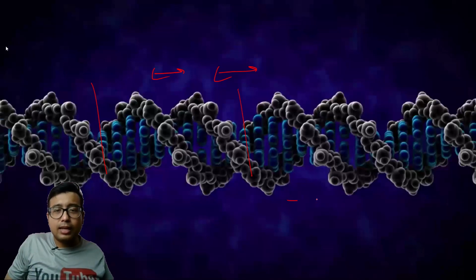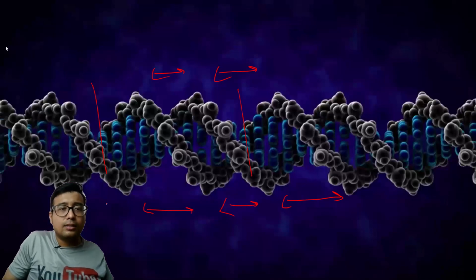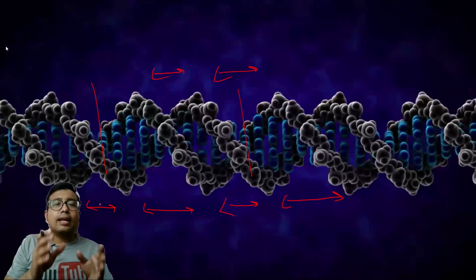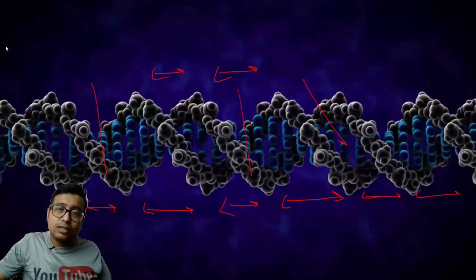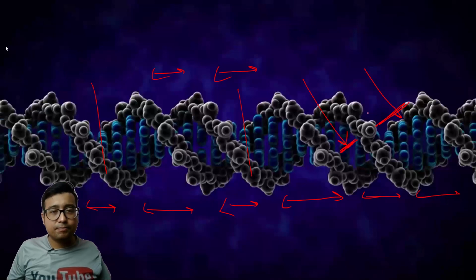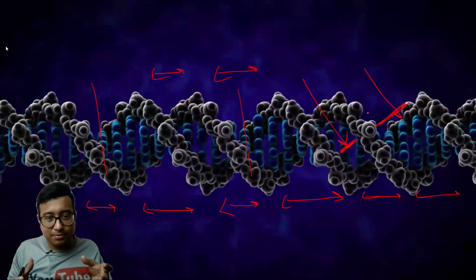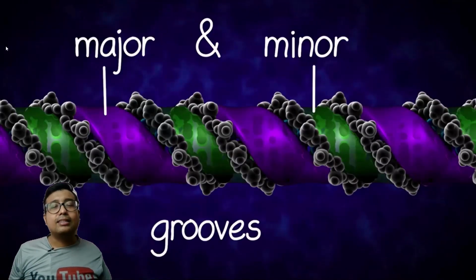What I mean to say is this distance is actually more than this distance, and this is repeated. So this gap is small and this gap is large. Based on these, in a spatial 3D conformation, DNA has grooves. The bigger one is known as the major groove and the smaller one is the minor groove.